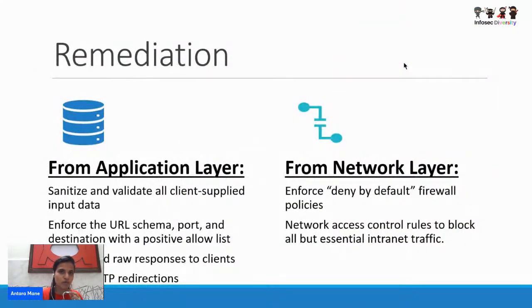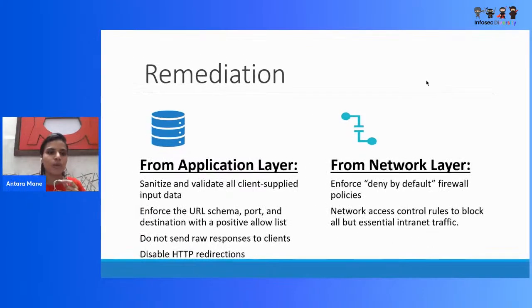The remediation to mitigate SSRF risk from the application layer is to sanitize and validate all client supplied input data, enforcing the URL schema, port and destination with a positive allow list, because SSRF is basically you querying the internal resources, maybe to identify what services are running internally, what services are up and running, what ports have been exposed, and something like that.